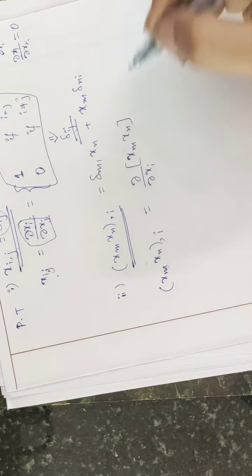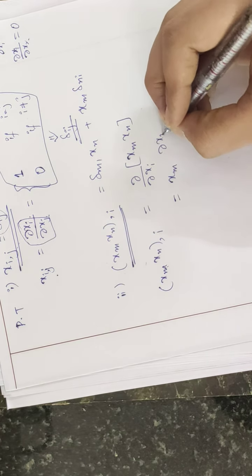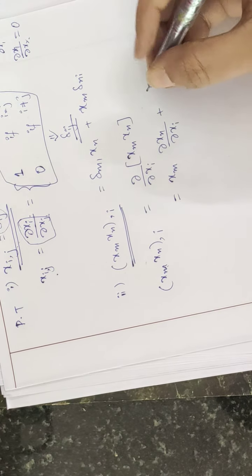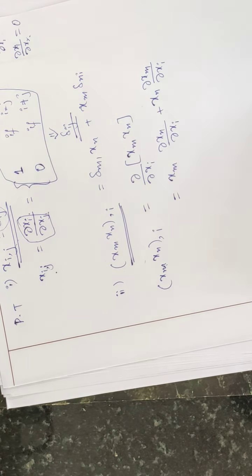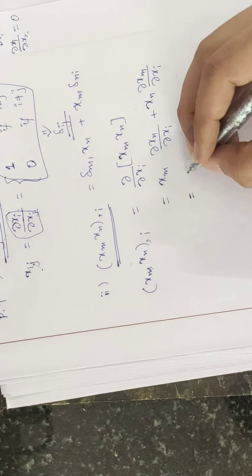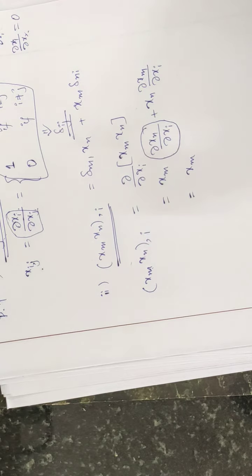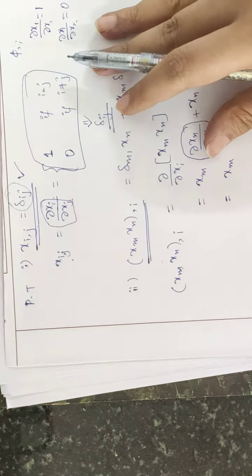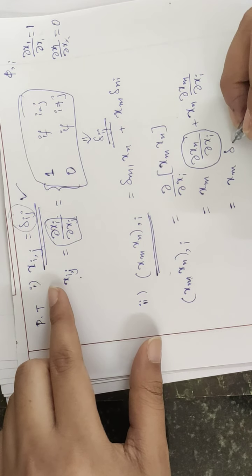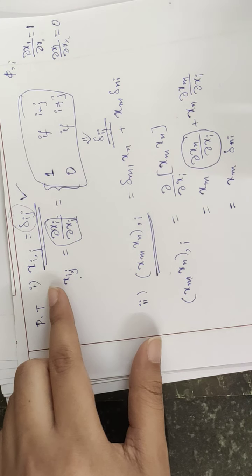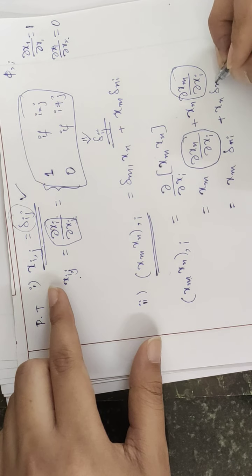In order to differentiate this, I will use the product rule of differentiation. So this is nothing but xm into dou xn by dou xi plus xn into dou xm by dou xi. Retain xm as it is. What is dou xn by dou xi? Using the first problem, this is nothing but delta ni, right? I will retain xn as it is, and dou xm by dou xi is nothing but delta mi.